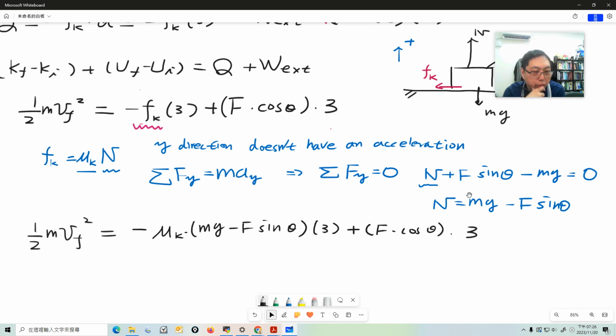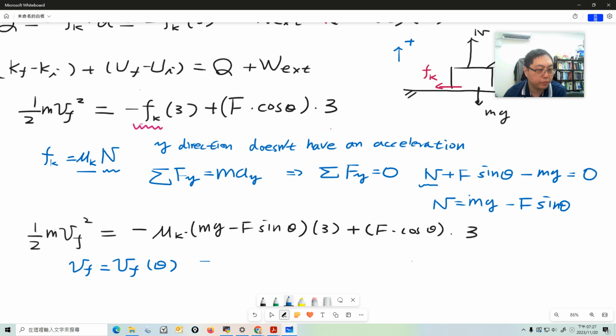And can we solve this? We reach a very complicated equation. But there are two ways to solve this problem. One way is to do the algebra and express your final velocity vf as a function of theta.